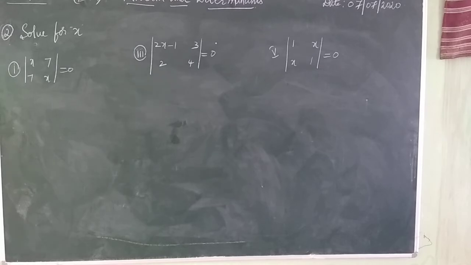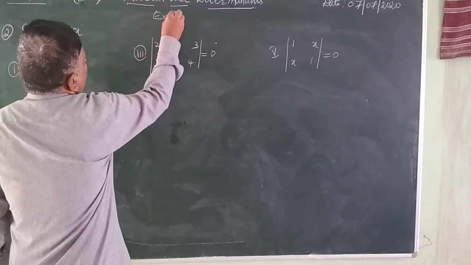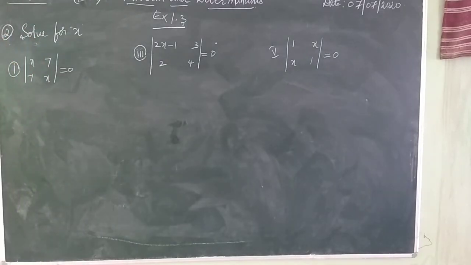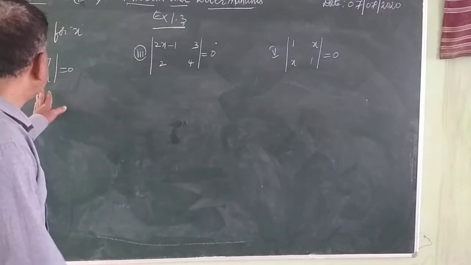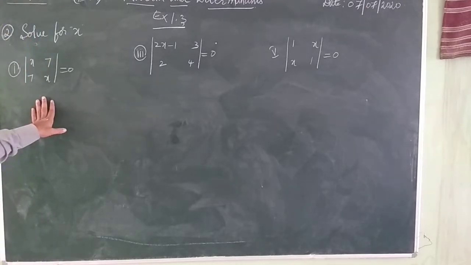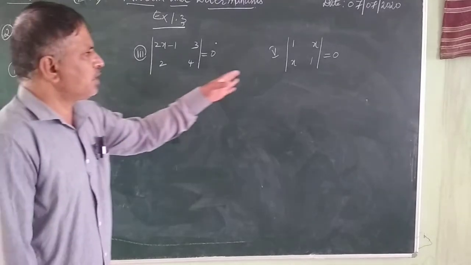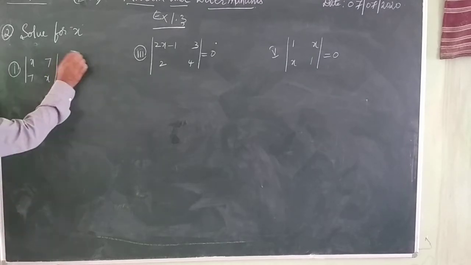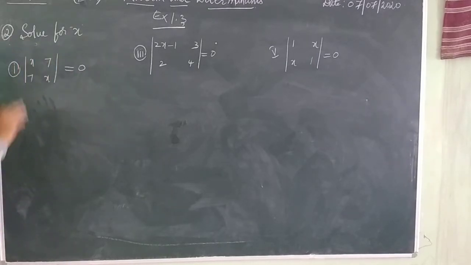Next, in the same exercise 1.3, second question, we need to find the value of x. Solve for x. The first question is x, 7, 7, x. You forget about the one on the right hand side.